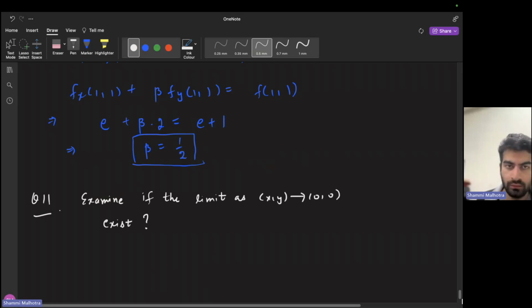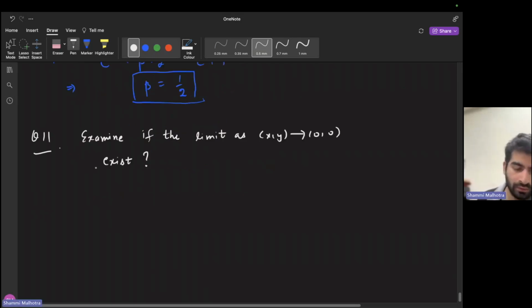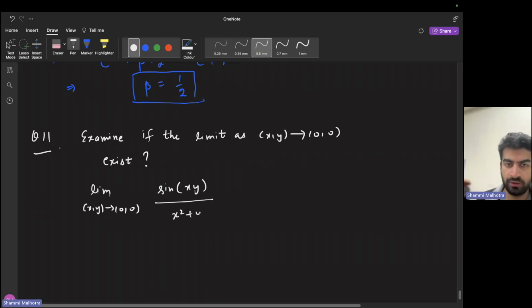What is our limit? We would like to see the limit as (x, y) tends towards (0, 0) of sin(xy) divided by x square plus y square.